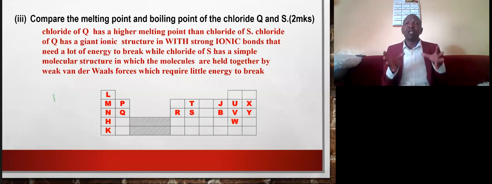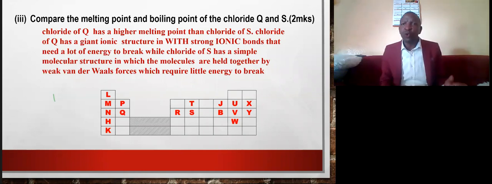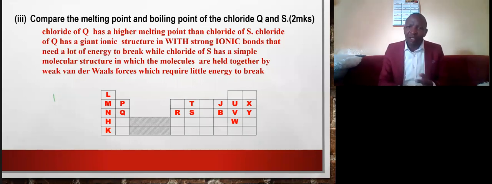So whatever you're comparing, any non-metal or any compound of a non-metal, ujue iko na simple molecular structure, except what? Except graphite, diamond, silicon, and silicon 4 oxide. Does that make your learning very easy?